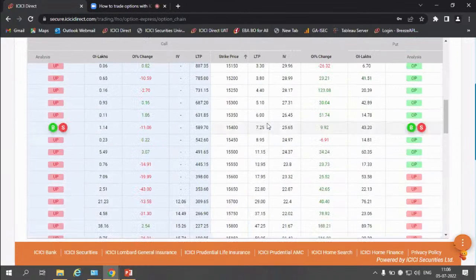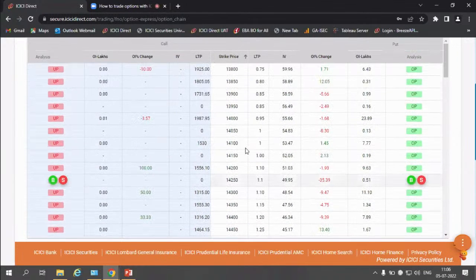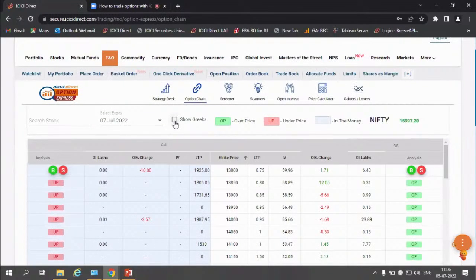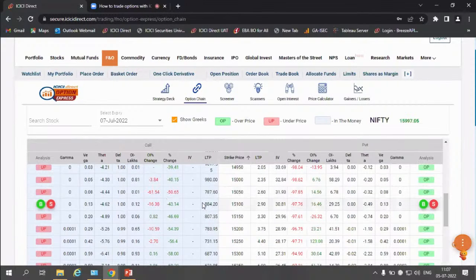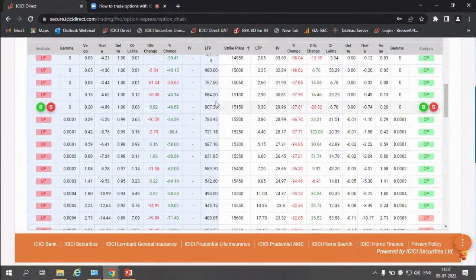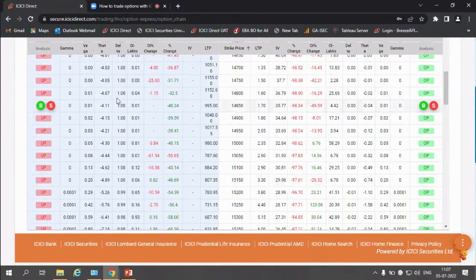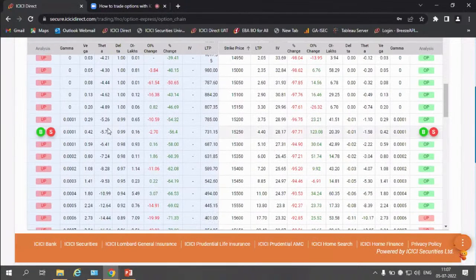On top of this, Option Express also gives you an option to see Greeks. Here you will be able to see gamma, vega, theta. These are the Greeks available on the call side as well as on the put side, and you will be able to make use of this information and trade on it. Lots of option traders want all this kind of information so that they can predict things beforehand, before taking the trade.